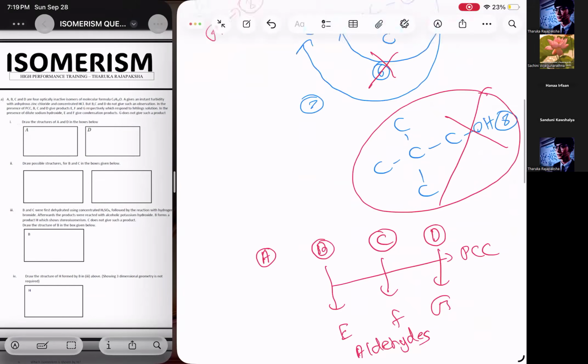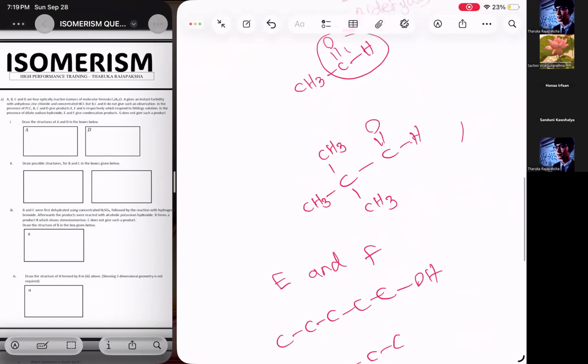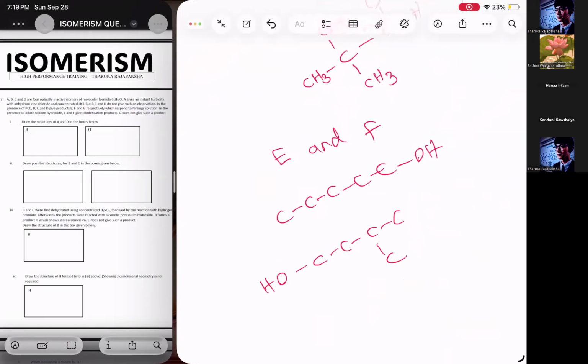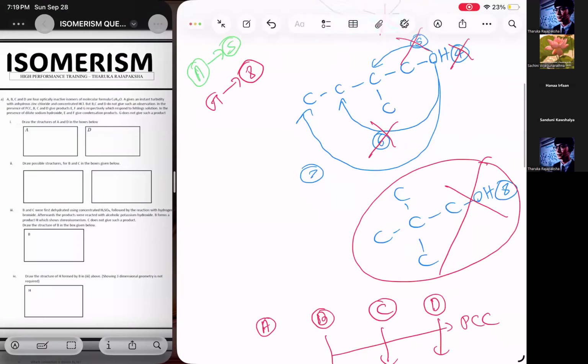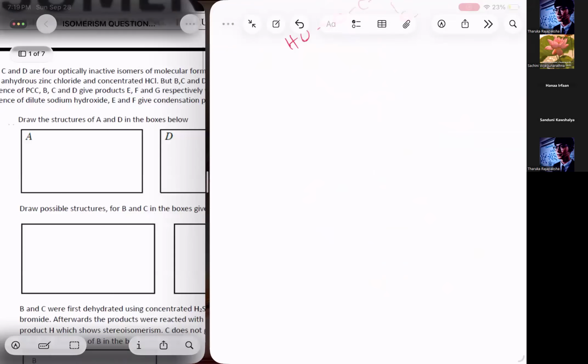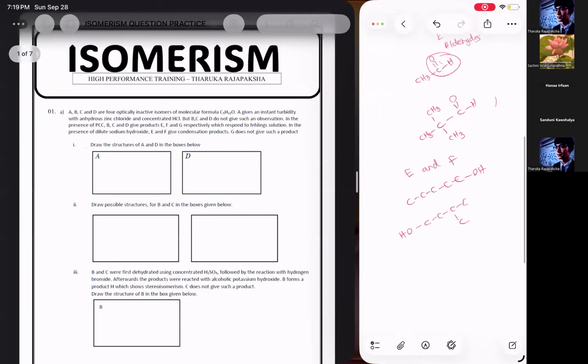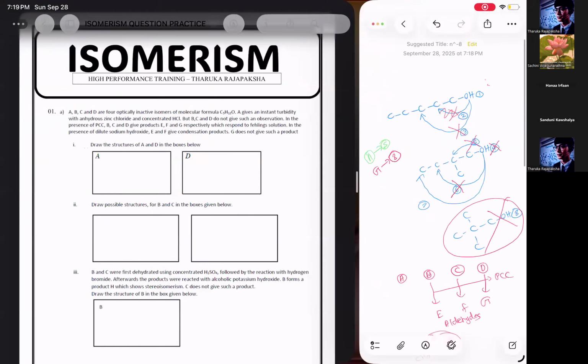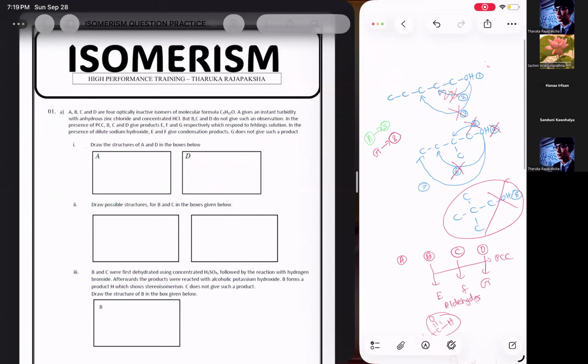First, they're asking to draw the structures of A and D in the boxes given below. So what is A? We found A was the 5th structure. So here you go.